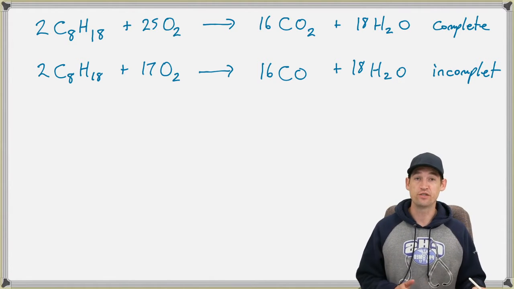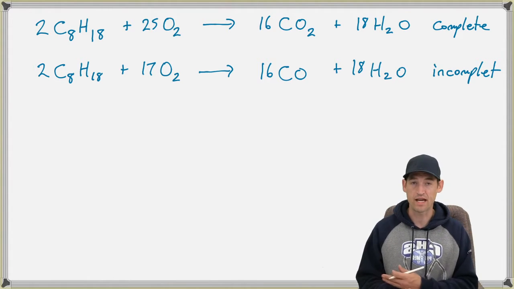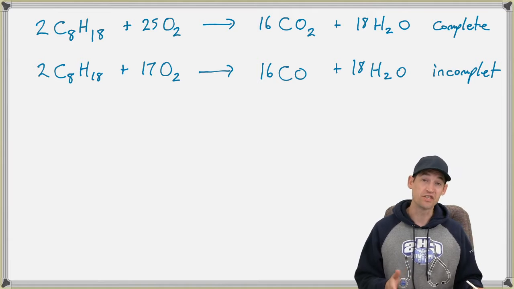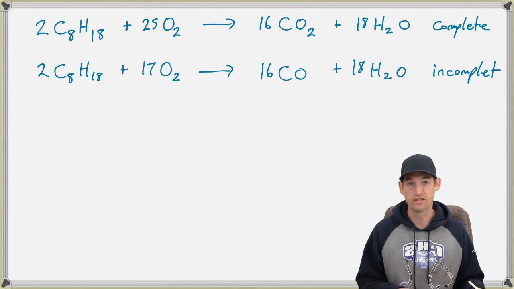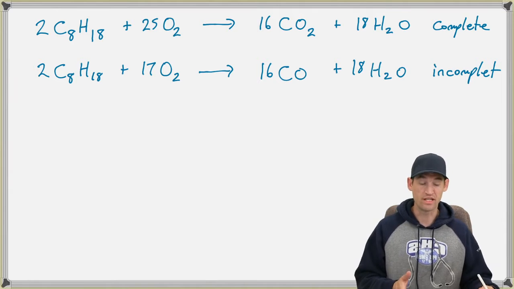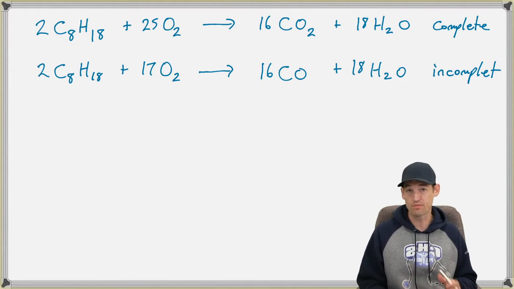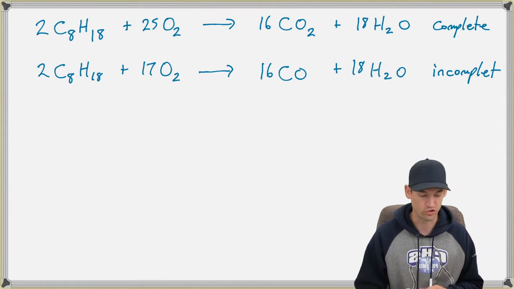So this is why in your homes you might have carbon monoxide detectors, because if you have an appliance that's burning natural gas or something like that, and it doesn't get enough oxygen, you're going to start producing carbon monoxide, which is colorless, odorless, tasteless, and very, very deadly. So you need to have a carbon monoxide detector so that if something goes wrong with those kind of appliances, you can detect something like this starting to show up.